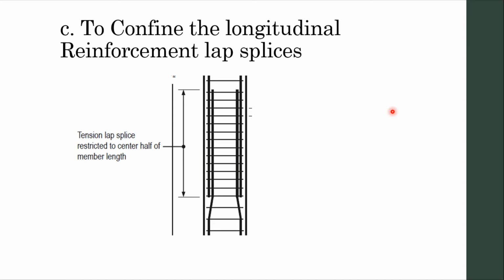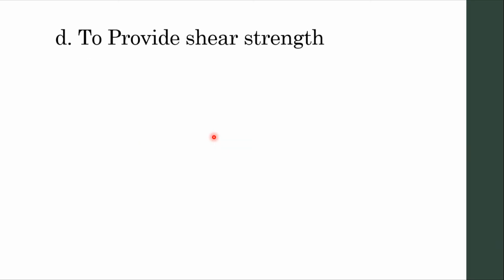So, kailangan mo mag-lap splice. So, yung area ng lap splices, kailangan mong suportahan yon, para maprotektahan yung weak part. Kasi kapag naka-lap splice yan, medyo weaker area yan eh. Kasi parang dinugtong mo siya, di ba? So, to confine the longitudinal reinforcement lap splices.